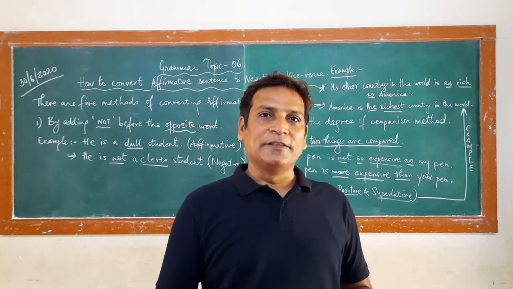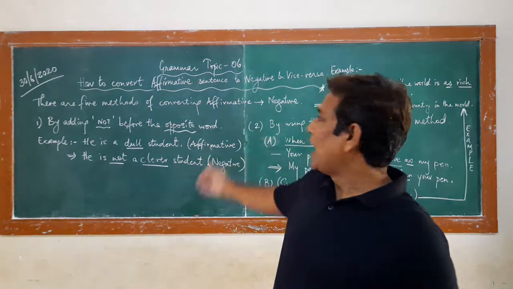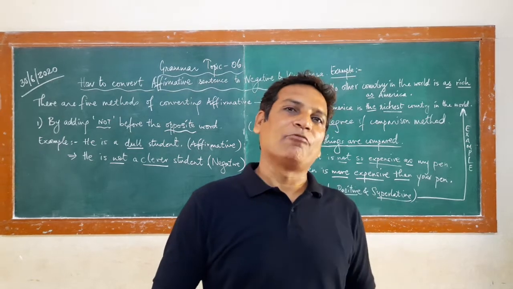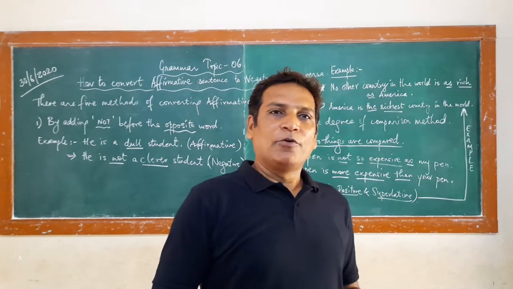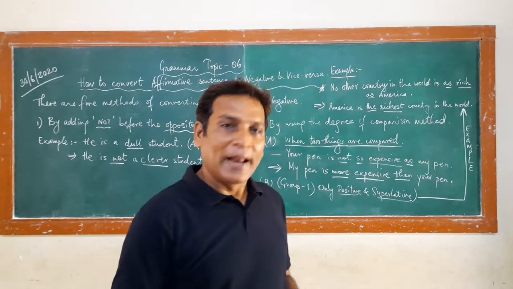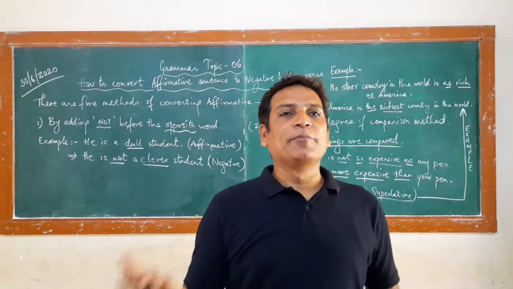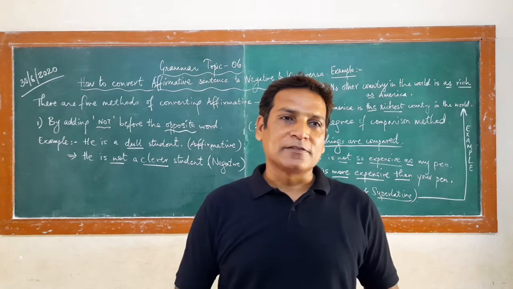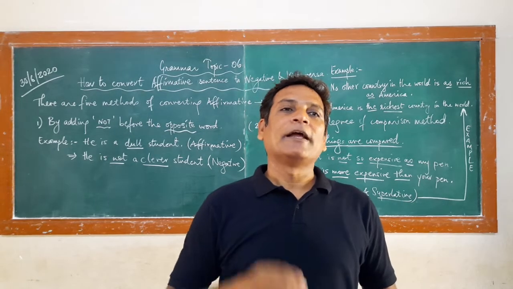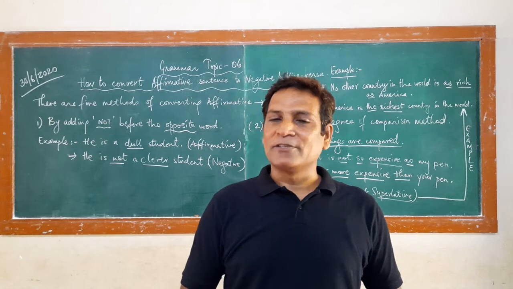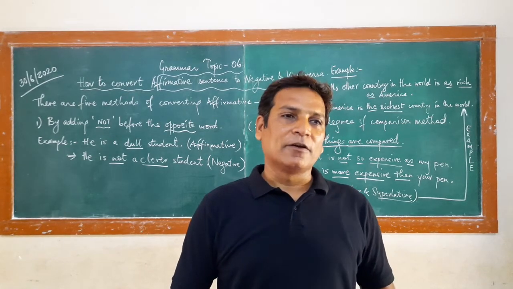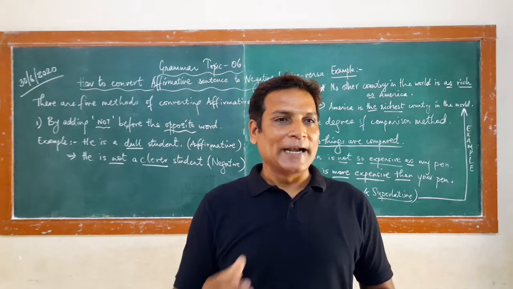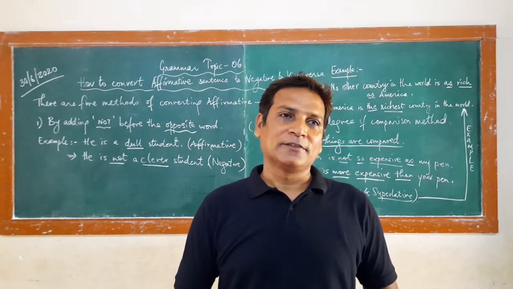So let's start with the topic, that is how to convert affirmative sentences into negative and vice versa. Now you all know the meaning of an affirmative sentence and the meaning of a negative sentence. A negative sentence means the presence of negative words such as no, never, not, nay, etc. That is known as a negative sentence.